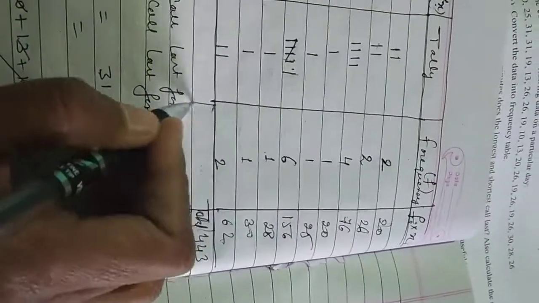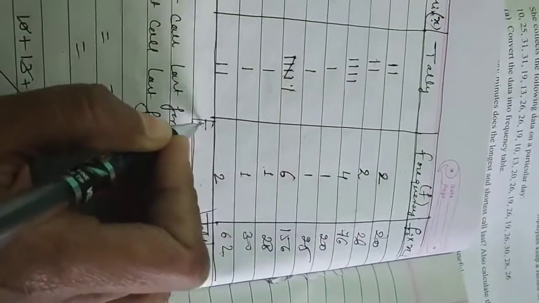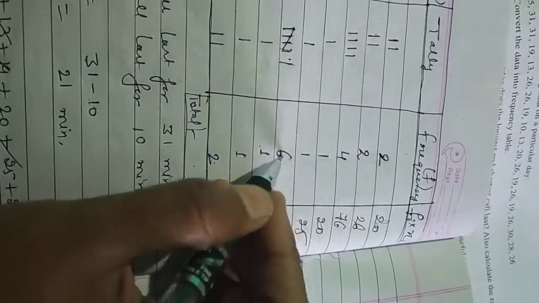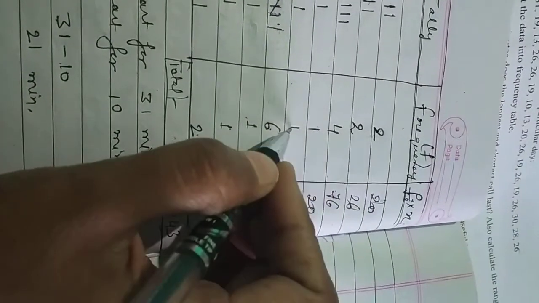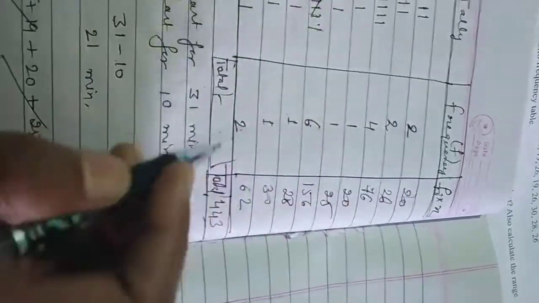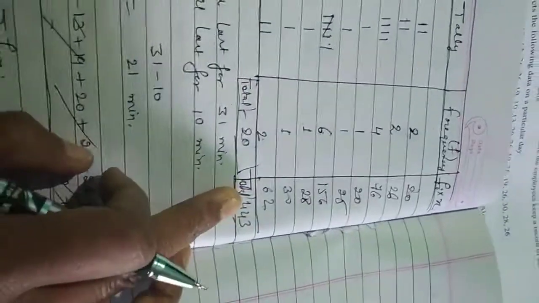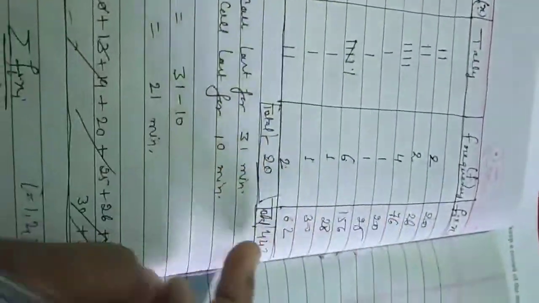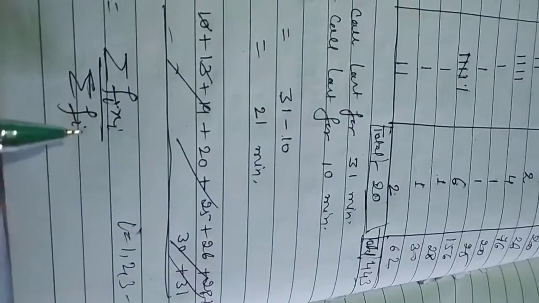Okay. And you have to add this frequency also. Total frequency. So 2 plus 1, 3, 4. 4 plus 6, 10. 10, 11, 12, 13, 14, 15, 16, 17, 18, 19, 20. Okay. Addition of frequency is 20 and Fi into Xi means frequency into this value multiplied and written here. Okay.